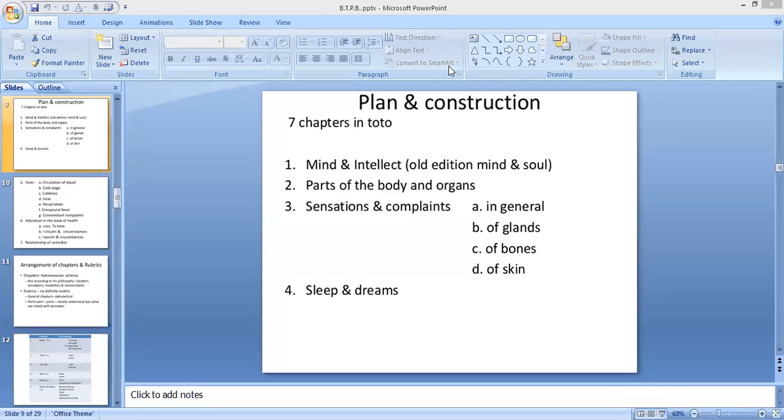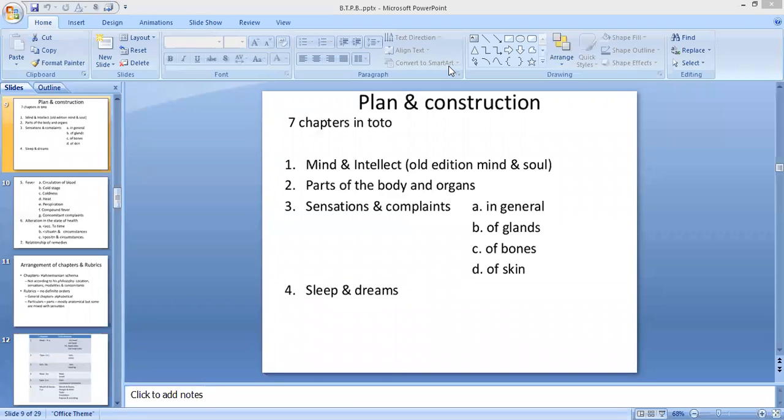Then urinary organs has three subchapters, that is urinary organs, urine, micturition. The sexual organs chapter also has three subchapters, that is sexual organs, both male and female, menstruation, euphoria.